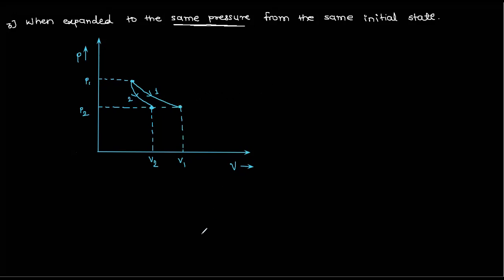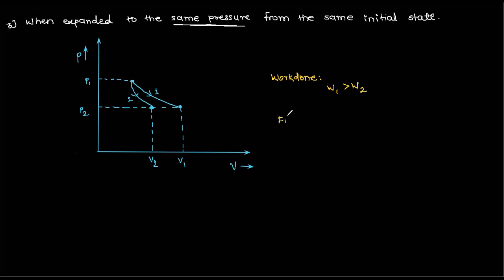So here, what is work done? In this case, work done W1 is greater than W2. W1 is greater than W2. In which case? This case. Next one, final volume. You see which one is greater? V1 is greater than V2.